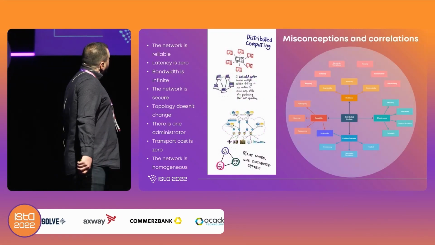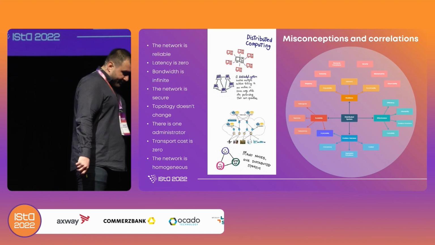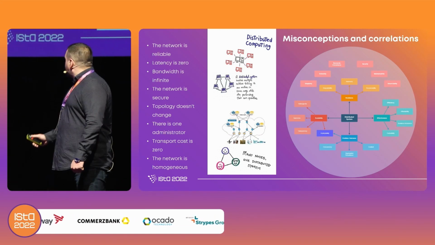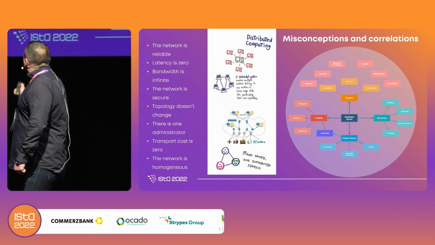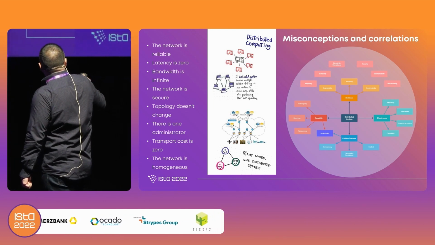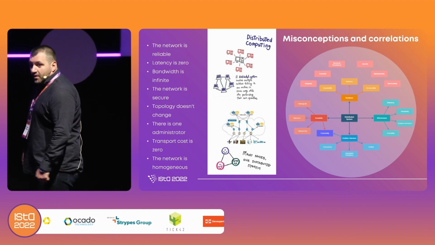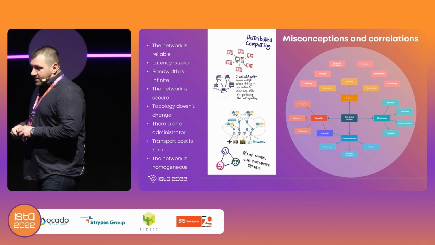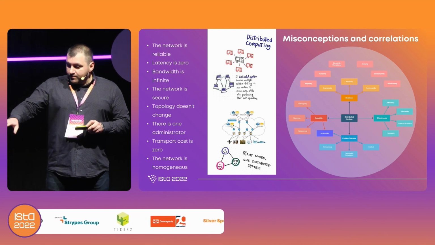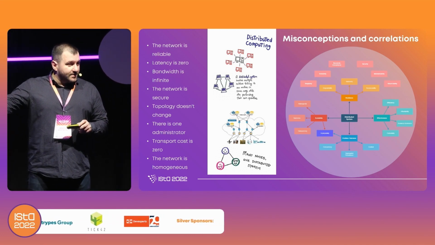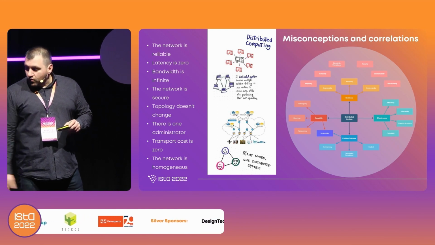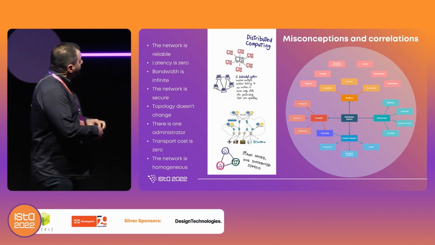So, a few things to beware. Those are Peter Deutsch's fallacies of distributed systems. Most developers nowadays creating distributed systems are falling into at least half of those fallacies. I won't go into detail over them.